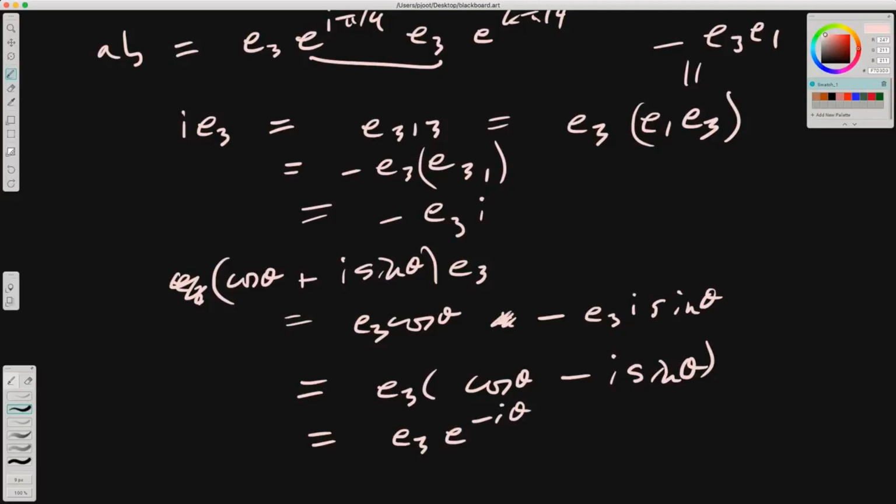So if we want to change the order of a vector with an exponential when the vector lies in the same plane as the bivector that's describing the complex exponential, then we have to conjugate the complex exponential.